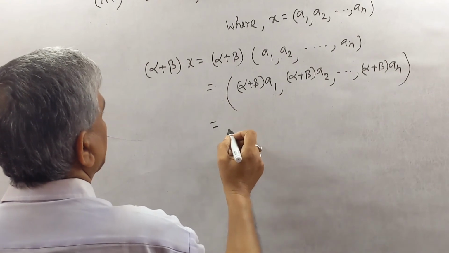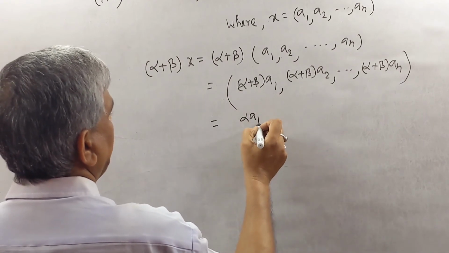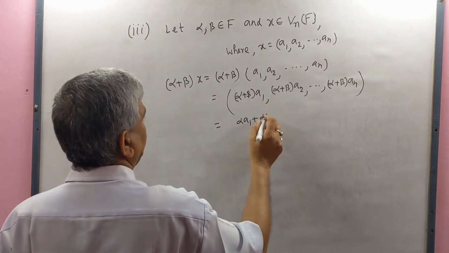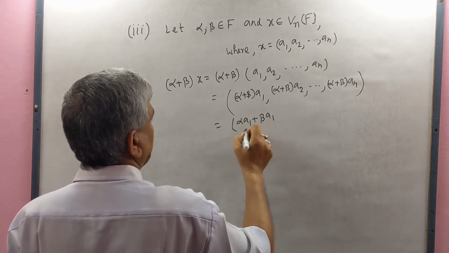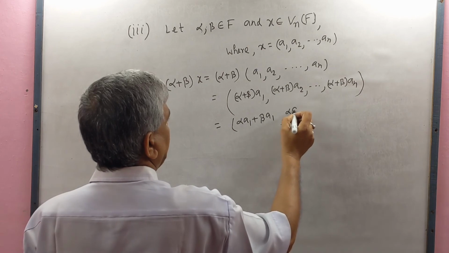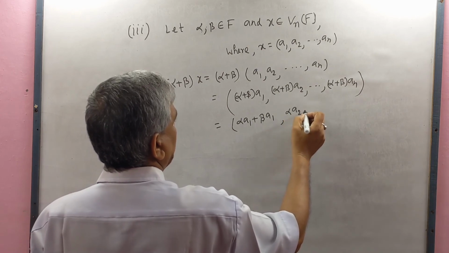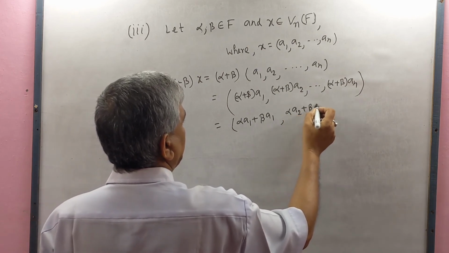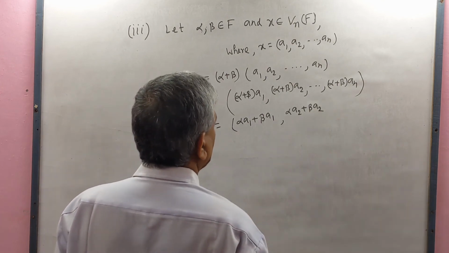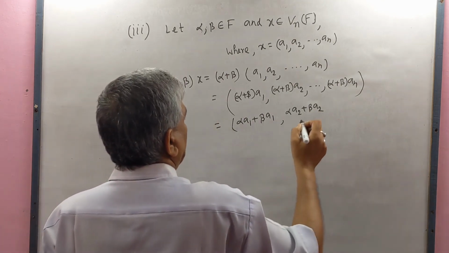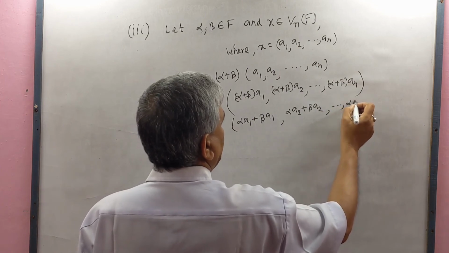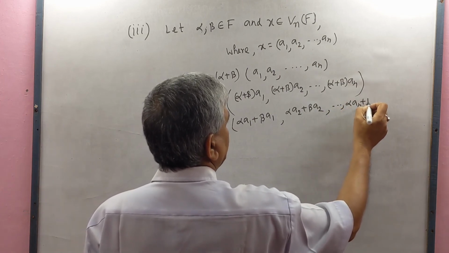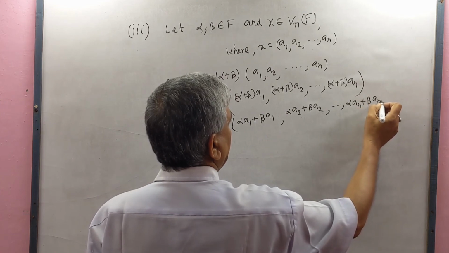This equal to (alpha a1 plus beta a1, alpha a2 plus beta a2, ..., alpha an plus beta an).